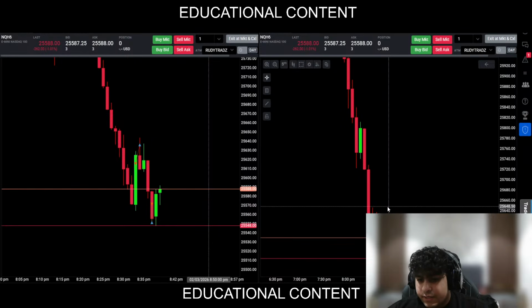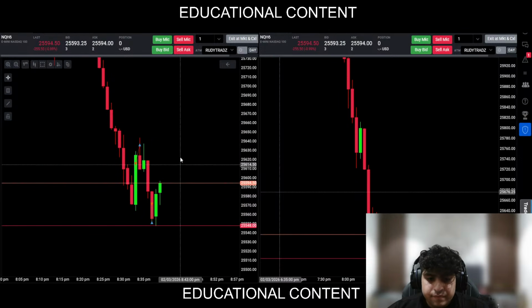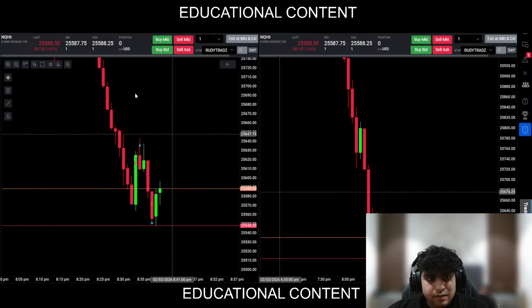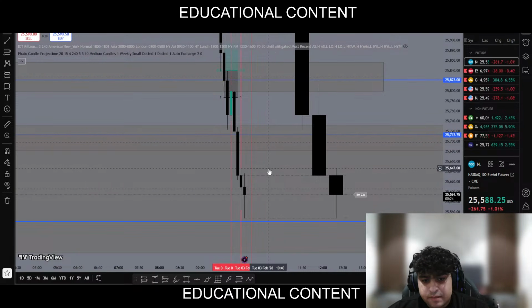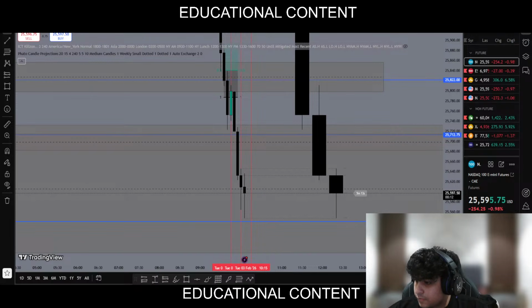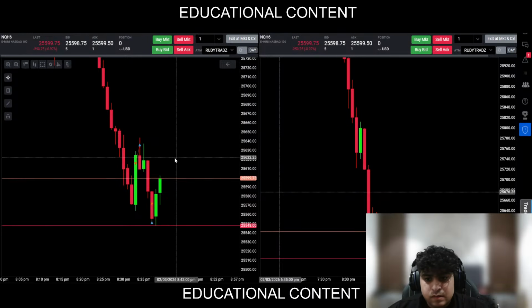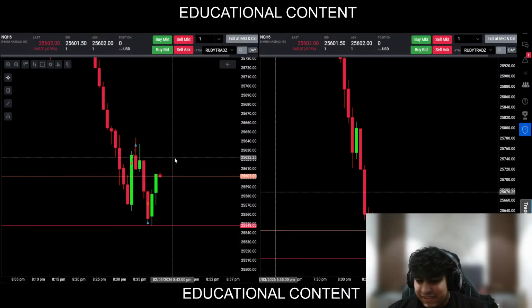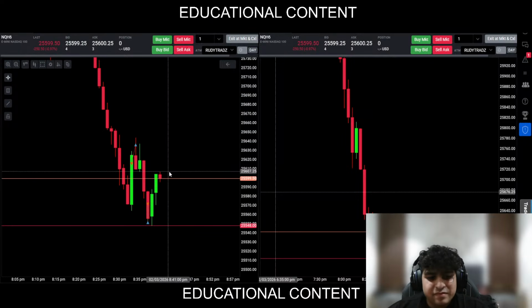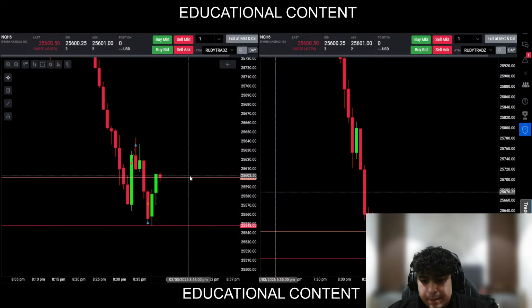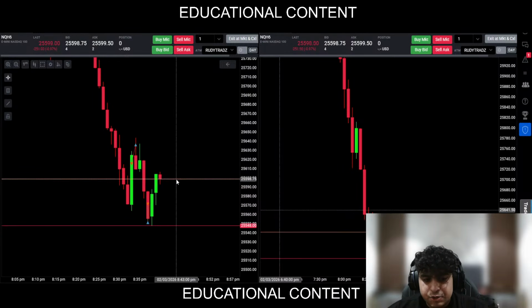Gap at 650. 650 is this high. The new 5 minute opens. In what sense? This still feels a little bearish.